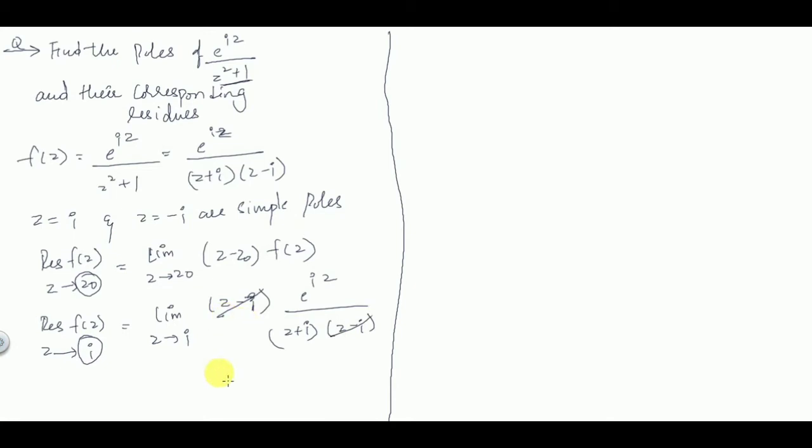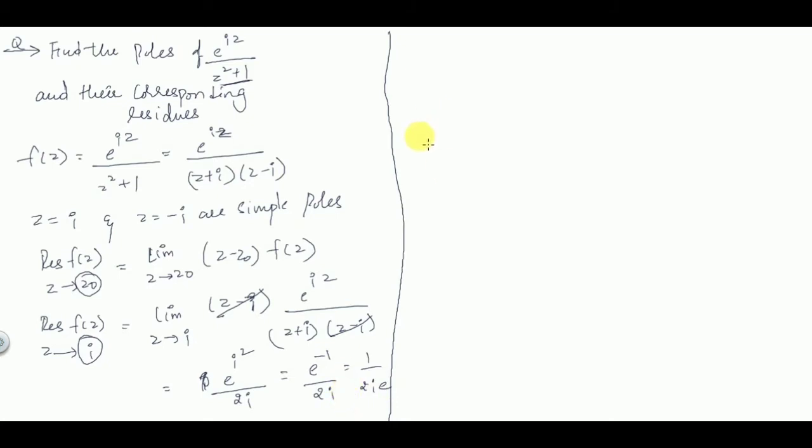So z minus i gets cancelled off. If you substitute i, you'll get e power i into i, so e power i square divided by i plus i, which is 2i. So e power minus 1 by 2i, that is 1 by 2ie.